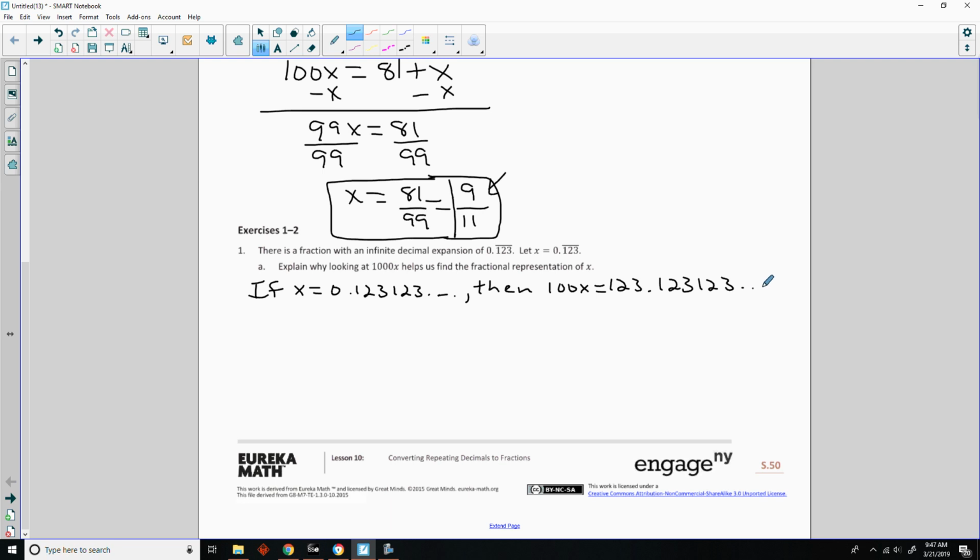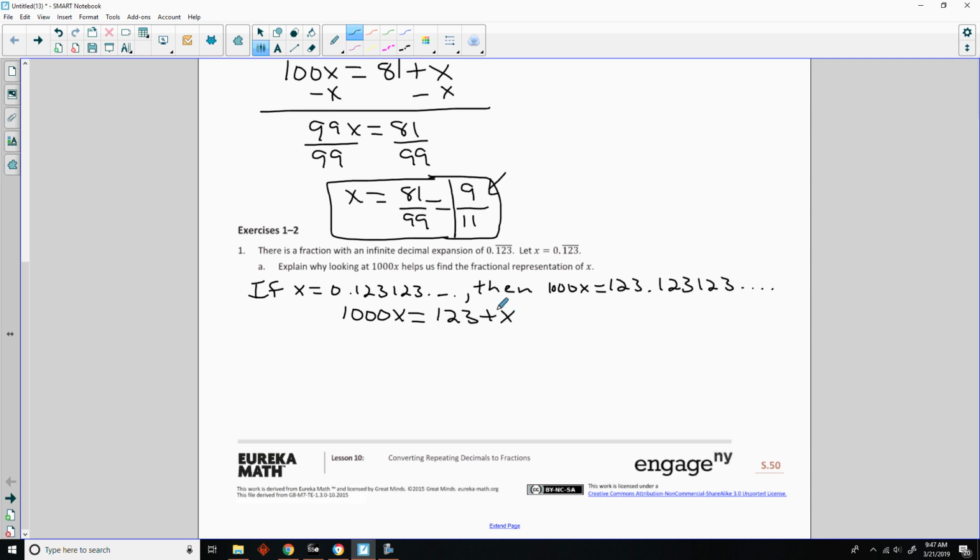123.123123, and so on and so on. So that is 123 plus x. So 1000x would equal 123 plus x.